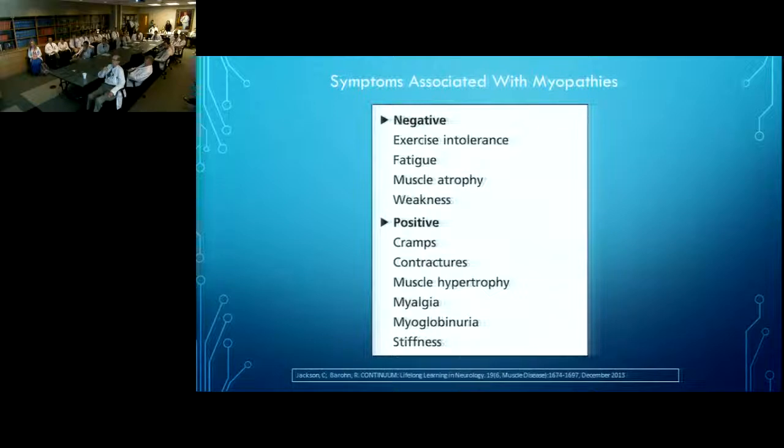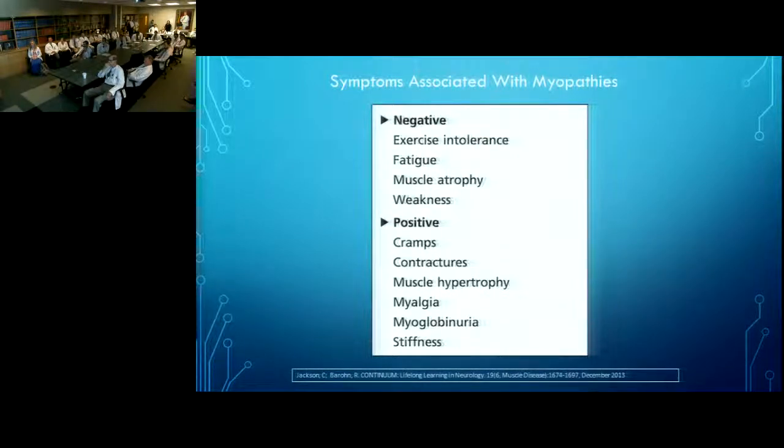If the weakness is in the upper extremity proximal muscles, they will complain of difficulty lifting up objects, brushing their teeth, or combing their hair. There could be some distal weakness also associated with certain forms of myopathies, but it's much less common. And some cranial neuropathies, bulbar weakness, you can also see in a small group of patients with myopathies.